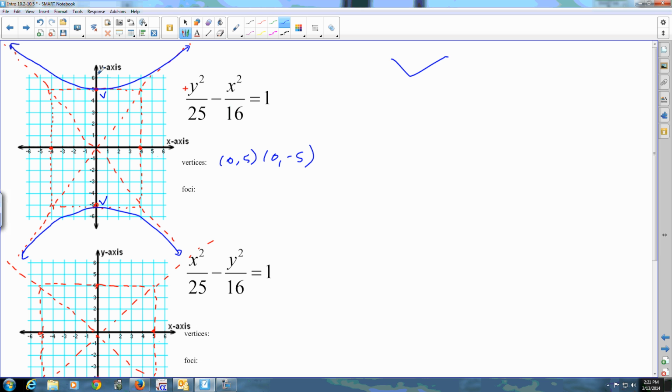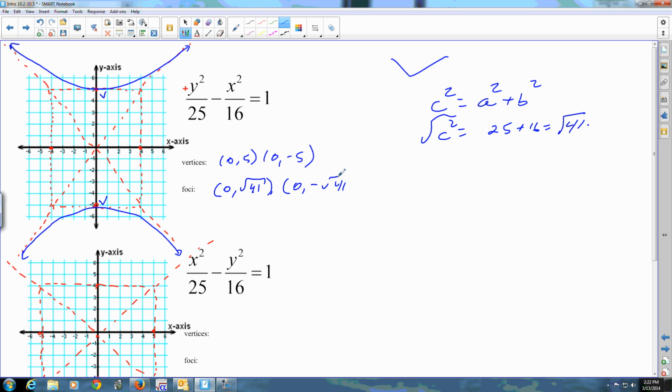Then the foci have to be in this direction, and this time you're going to add the two things together. So c squared is 25 plus 16, which is 41, and then you have to square root this to get c, the square root of 41. Okay, when you go to write the foci, you have to give the exact value. 0, square root of 41, and 0, negative square root of 41.